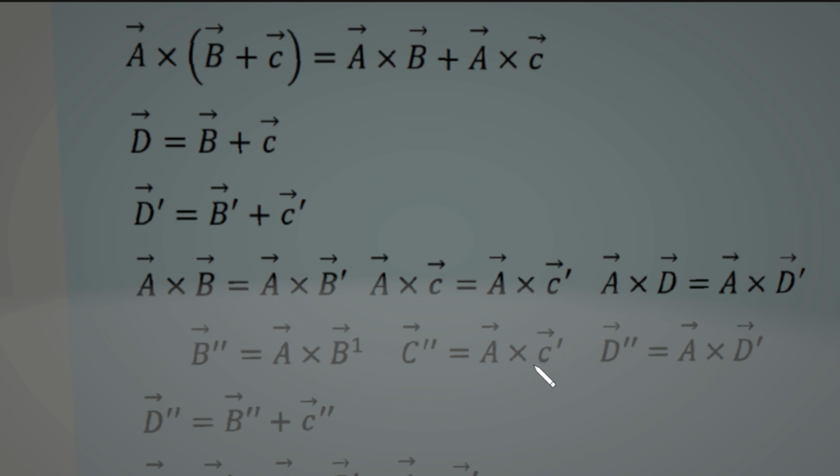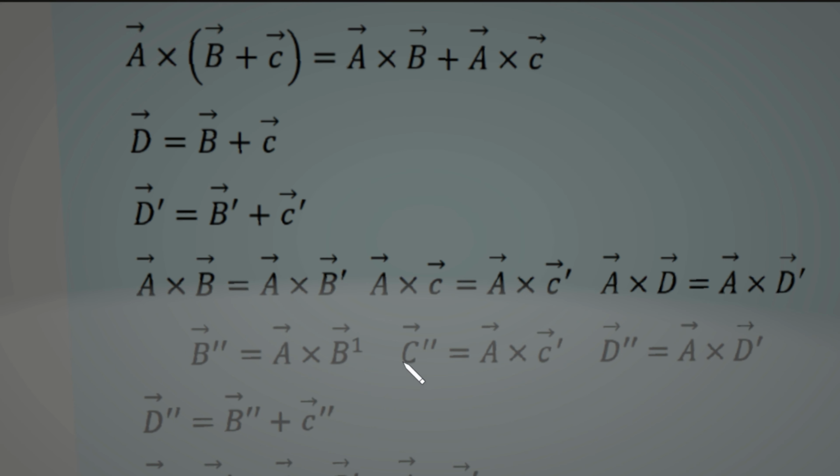Similarly, C prime bar is the component of C bar which is perpendicular to A bar, and D prime bar is also the component of D bar which is perpendicular to A bar. So D double prime bar is equivalent to B double prime bar plus C double prime bar.